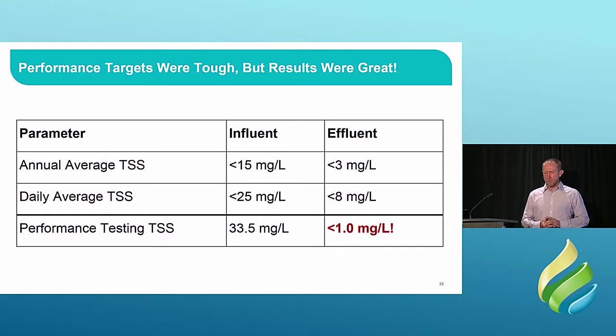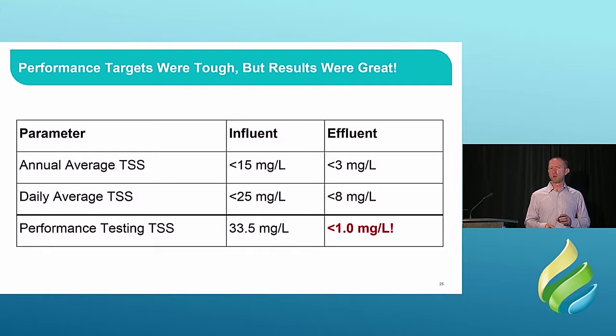So going into this, the town of Banff had performance criteria in the design build RFP. You can see those on the top 2 rows of that table there. One of those was an annual average. What they were saying is that over the course of a year, we're going to give you no more than 15 milligrams a litre TSS in the feed to the disc filters, the secondary effluent.